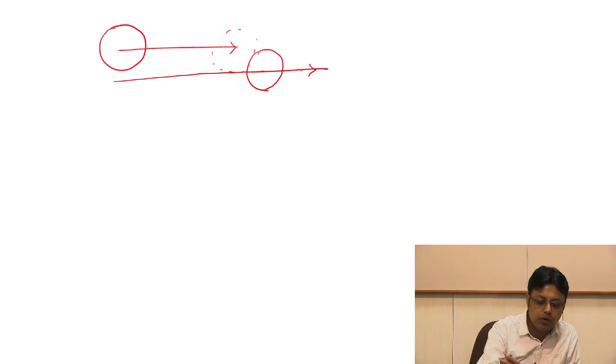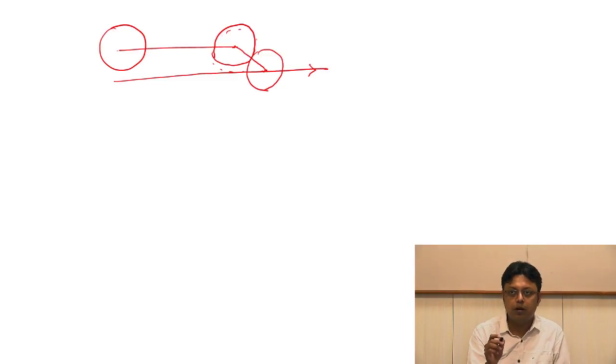Now the question is, when it makes this impact, how much energy actually is transferred? Okay, let's just stick to that. So the question is, how much energy is transferred along this line of center?